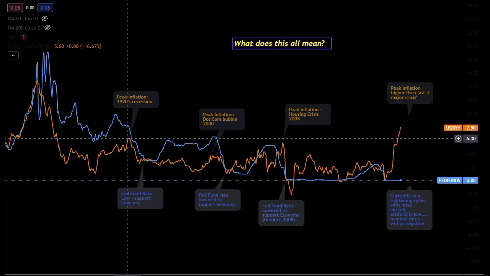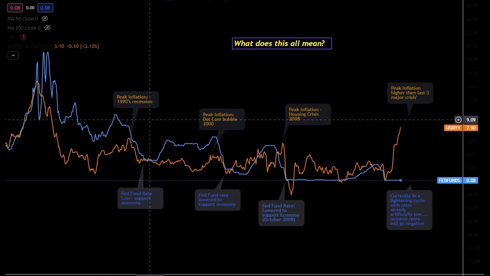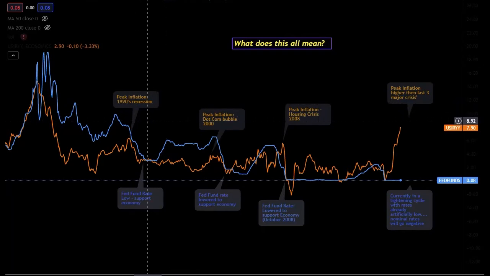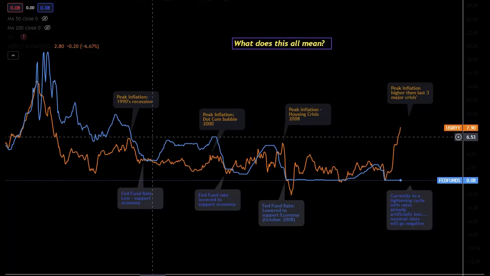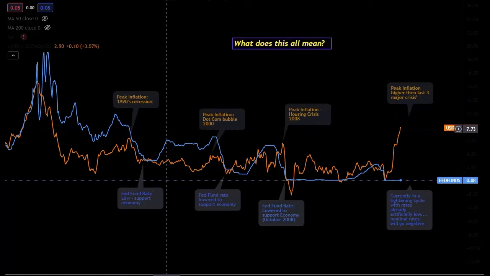But when you hit a multi-year high, it was almost a 10-year high in inflation. That's when the economy started to really feel the pressure. You had inflationary shocks with oil due to the war. And what that caused was a major 1990s recession.